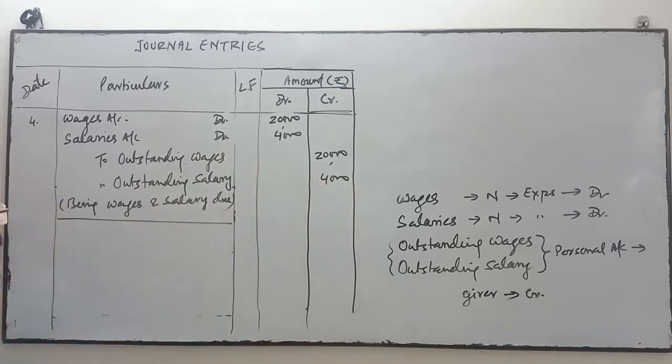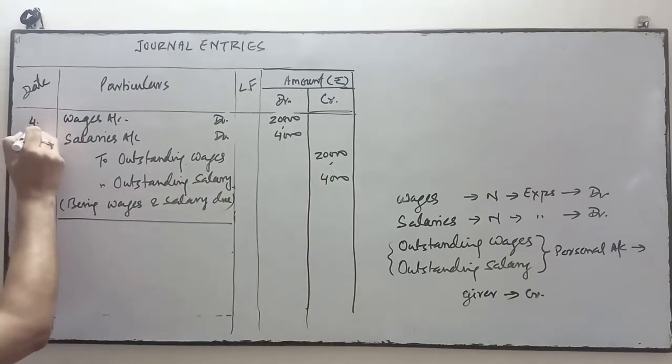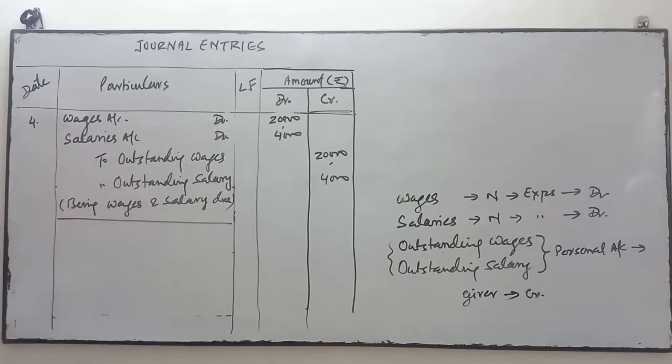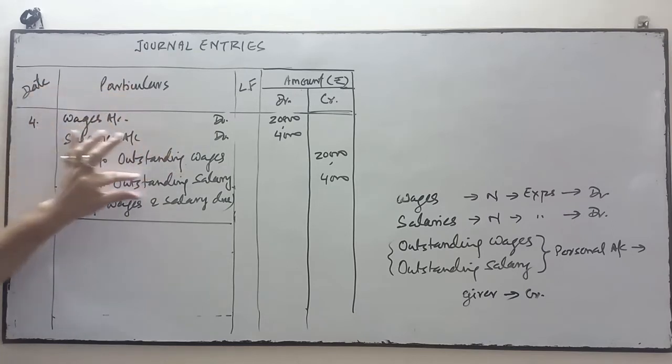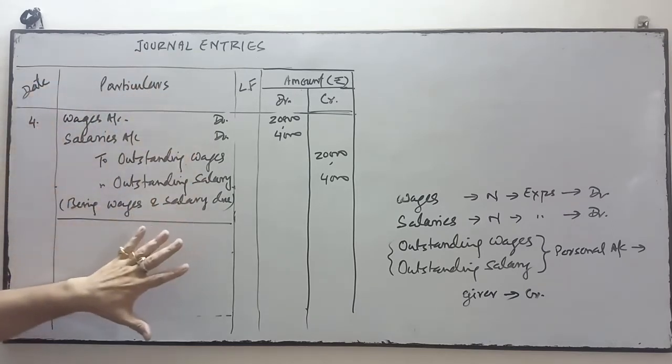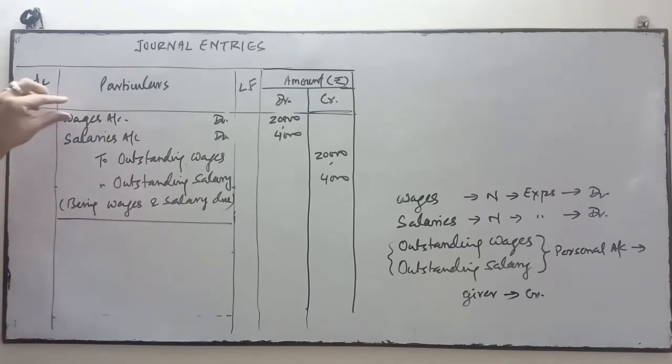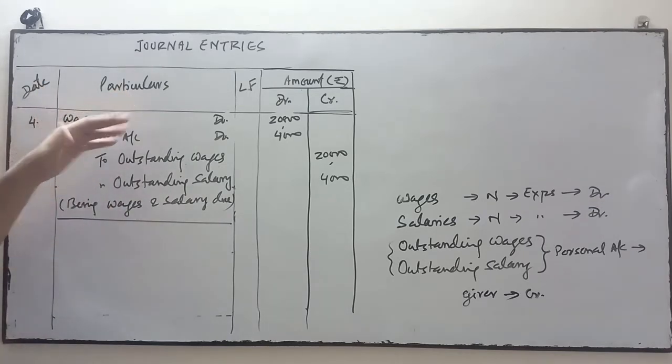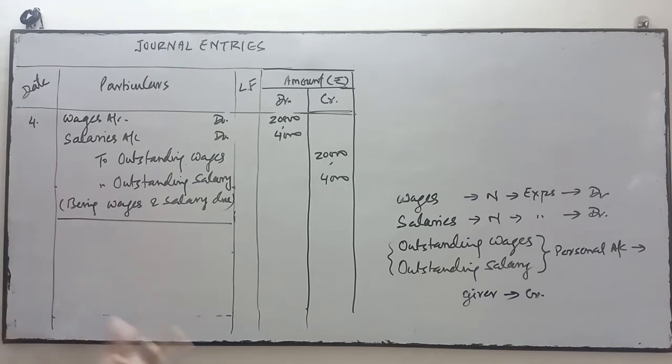It's a compound entry because in the same transaction both entries have been given, so we can do the compound entry. Wages account debit to outstanding wages, salary account debit to outstanding salary. We may do the entry in two different ways: wages to outstanding wages one entry, salary to outstanding salary second entry.